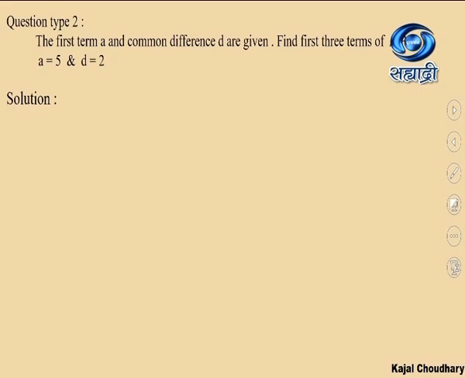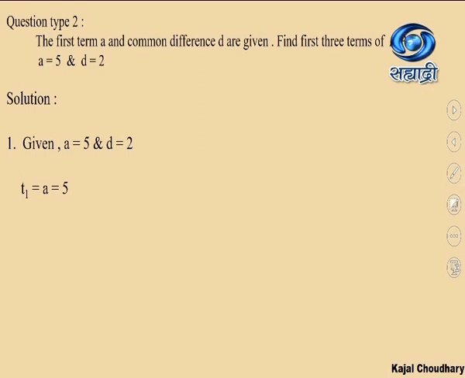Now, question type 2. The first term A and common difference D are given. Find the first three terms of the AP. Now, A is given, D is given. In an AP, we had already defined that the first term is denoted as A. So when A is 5, your first term is 5.